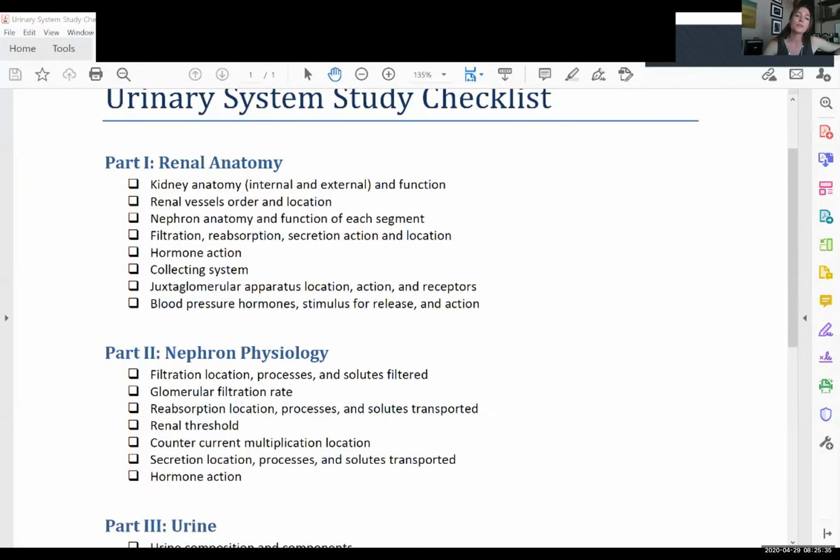Okay, let's go back to the checklist so I don't miss anything. So once we're done with the whole filtration, reabsorption, secretion, and we did that where that's at, the solutes transported, what is finally leaving the filtrate, leaving the tubules, goes into the collecting system, the collecting duct.